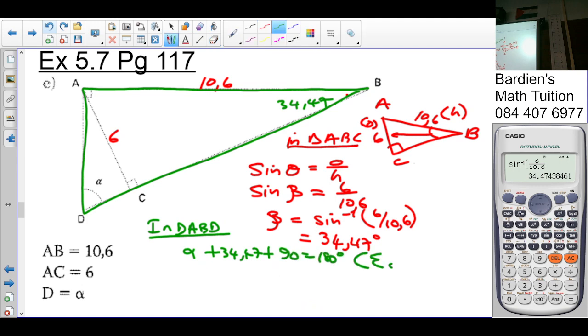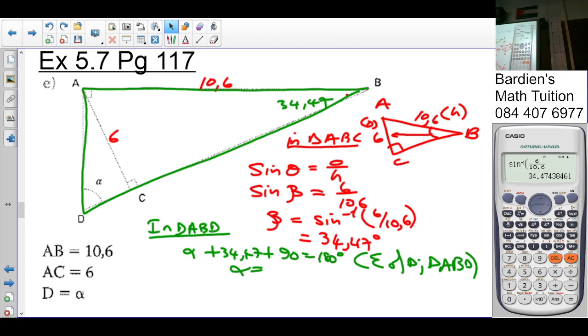Why? Sum of angles in a triangle, and it's triangle ABD. So alpha is equal to 180 minus 90 minus the last answer calculated, which is 34,47, gives you 55,53. So 55,5.